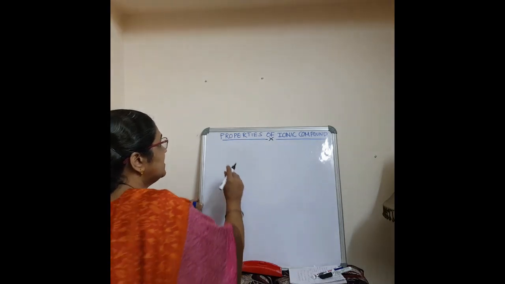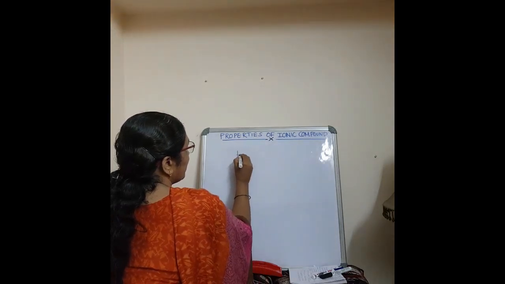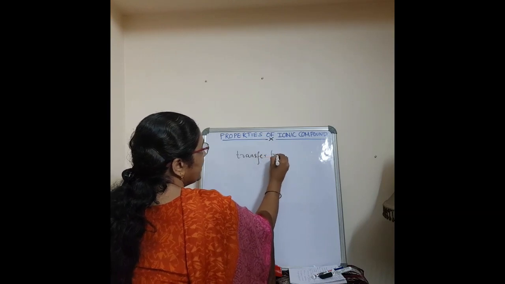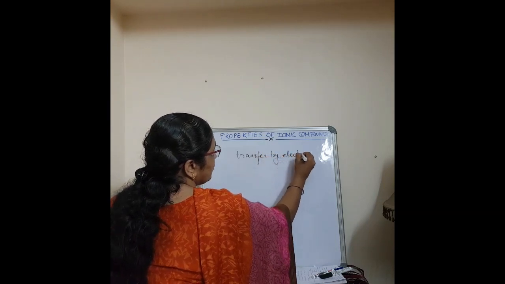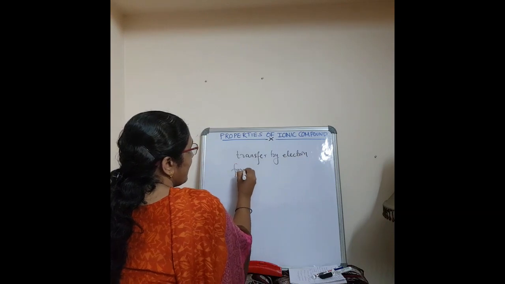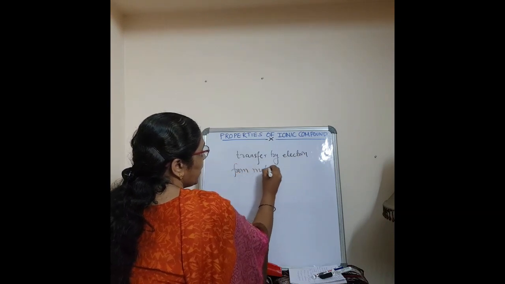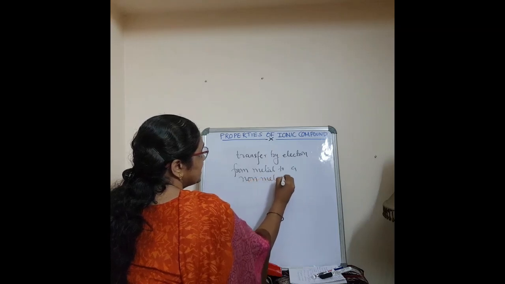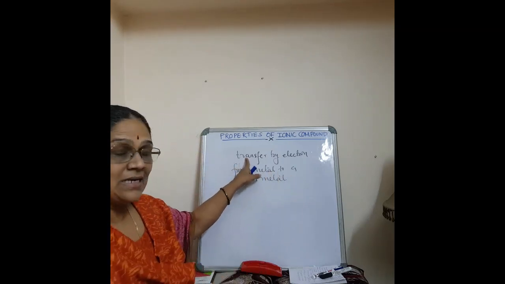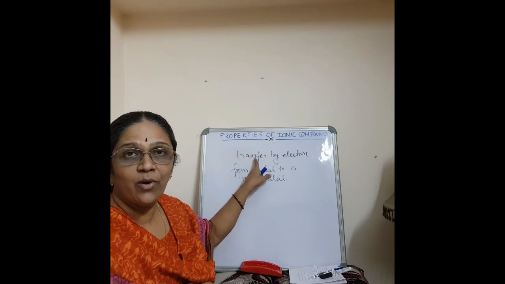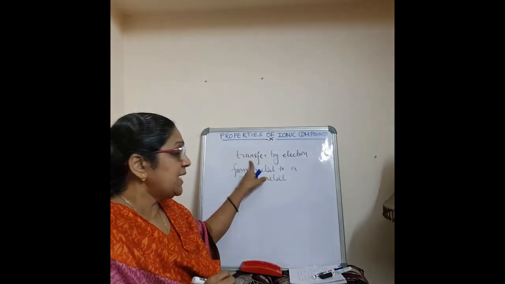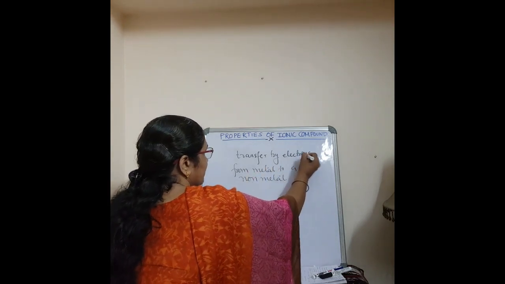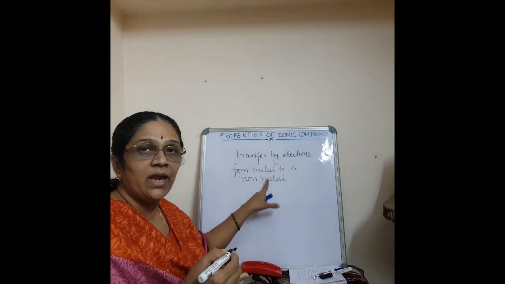So while writing the definition, you have to write the transfer: a compound formed by the transfer of electrons from a metal to a non-metal. Isn't it? That is, an electrovalent compound or ionic compound is formed by the transfer of electron or electrons from a metal to a non-metal.